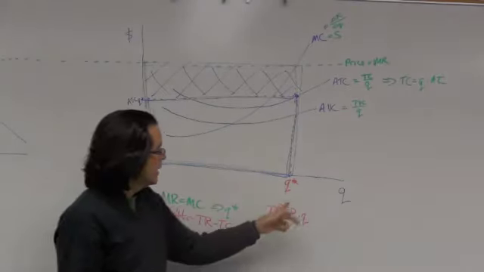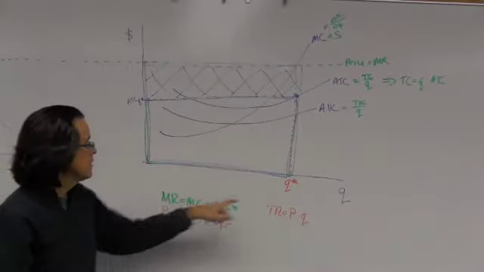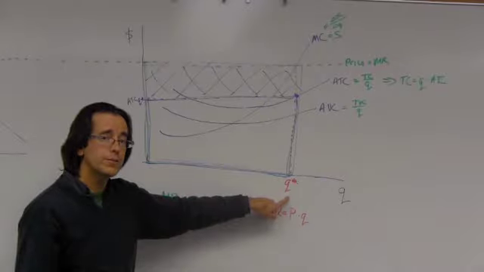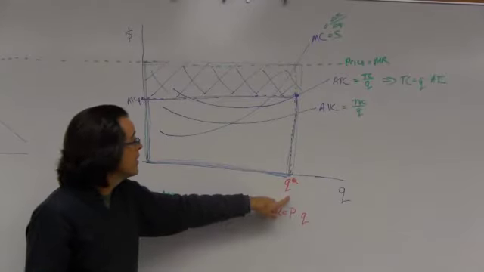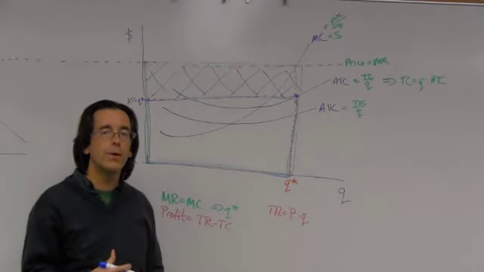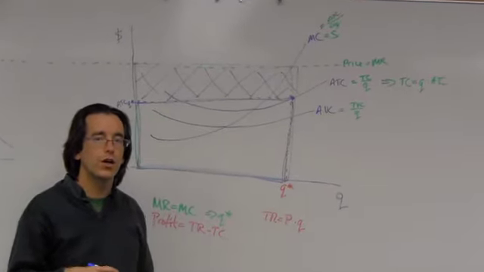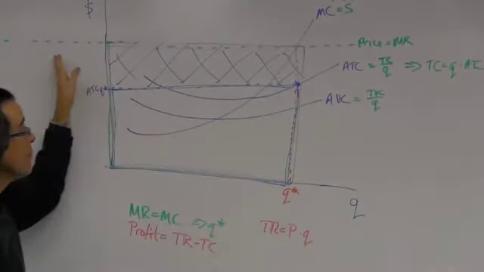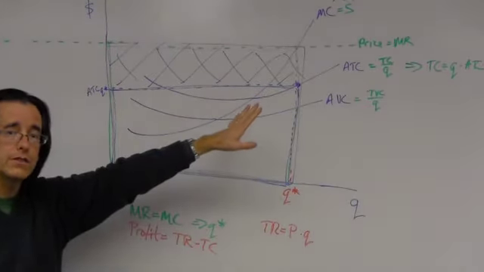Okay? So, by definition, if Q star is our profit maximizing level of output, then the area of this box represents the maximum possible profit that a firm can earn given its technology, given its cost curves, and given the market price that it receives.